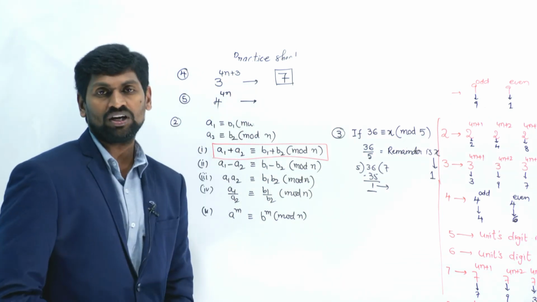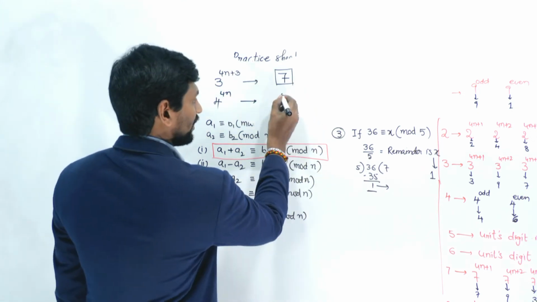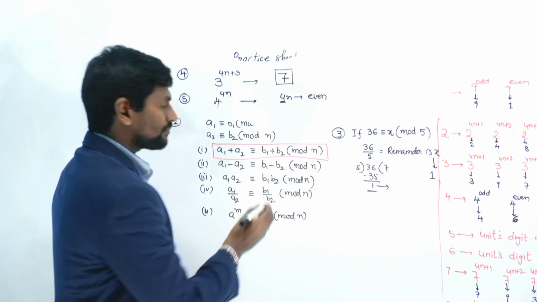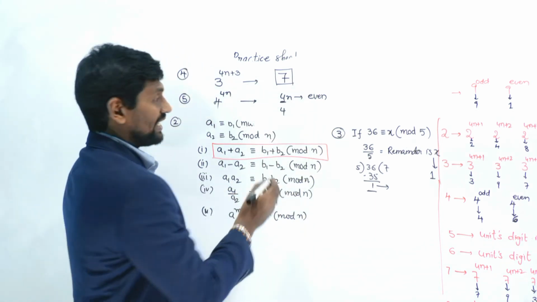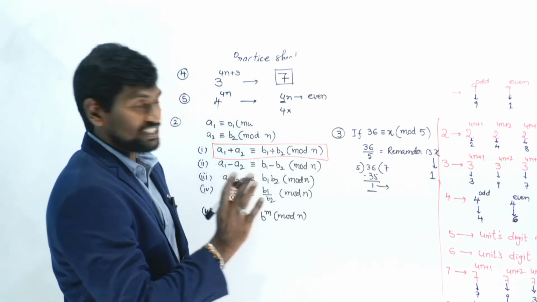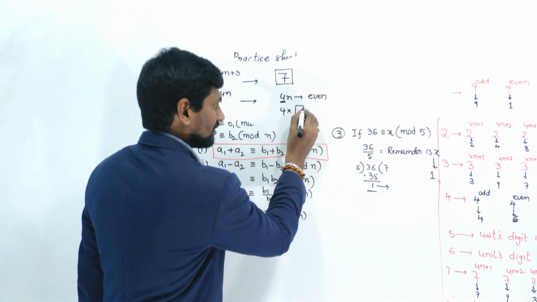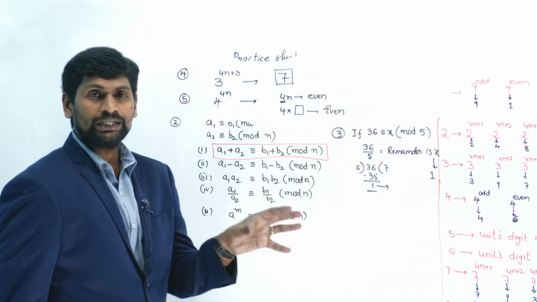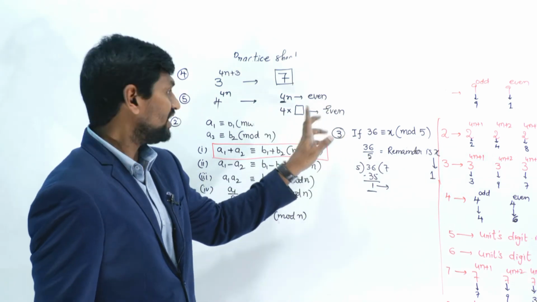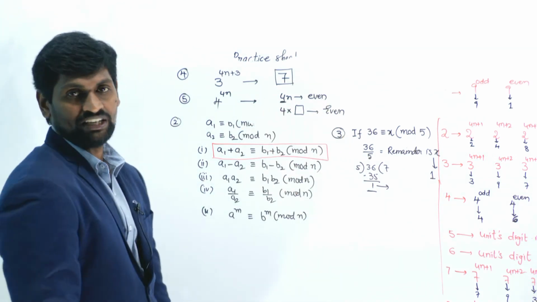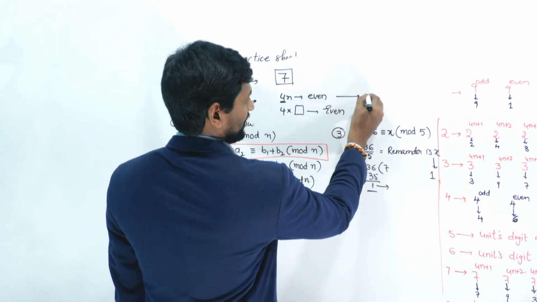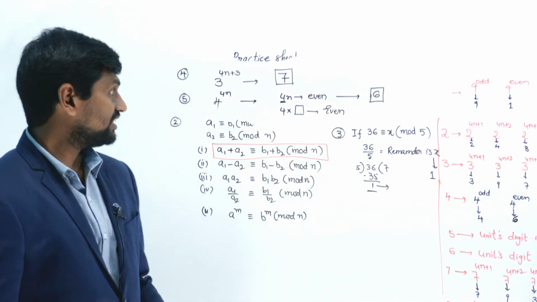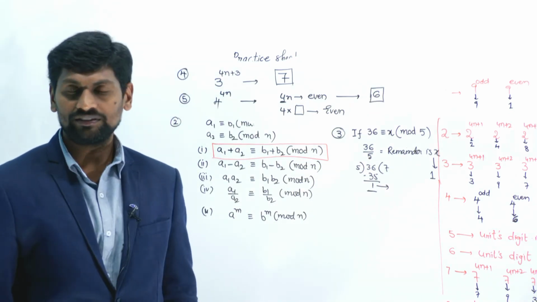Is 4n an even number or not? 4n is even, because 4 is an even number. Any number, whether even or odd, multiplied with an even number always gives an even number. In the same way 4 power 4n is also even. So 4 power even number ends with the digit 6. Got it, right?